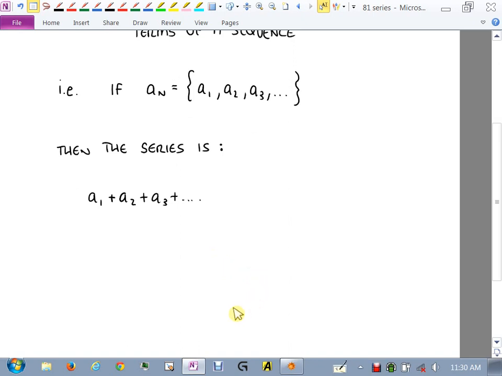But we don't like to use this notation. We like to use a more condensed notation. So we bring in the Greek capital letter sigma. So this, by definition, is equal to sigma n equals 1 to infinity of a sub n.